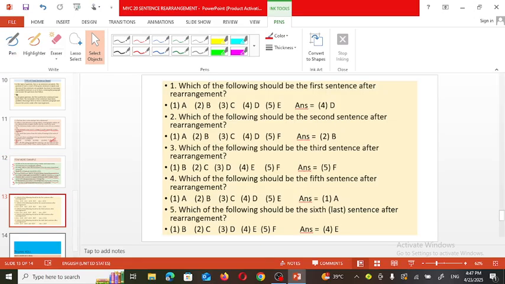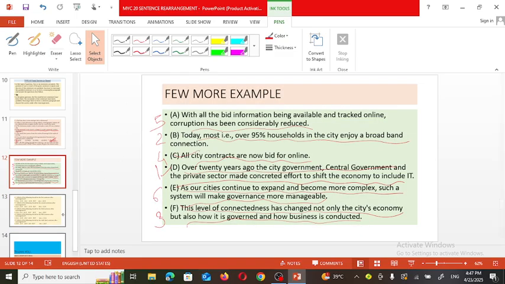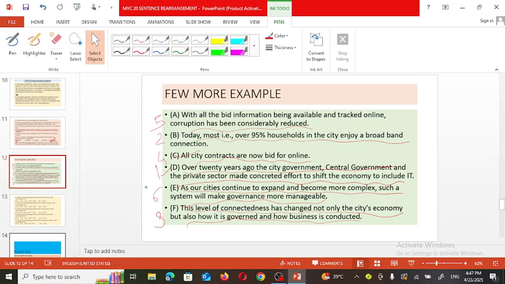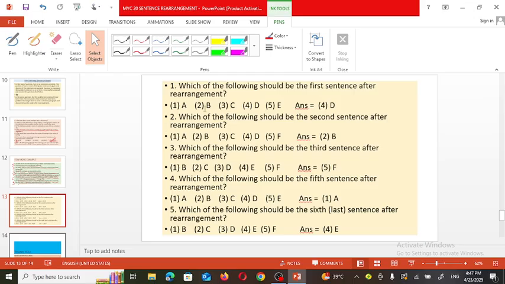So while attempting this question, first we need to arrange the sentences like this. Which sentence will be at the first place? Option D. So where is option D? Option D is given as number 4. So number 4 will be the correct option here.